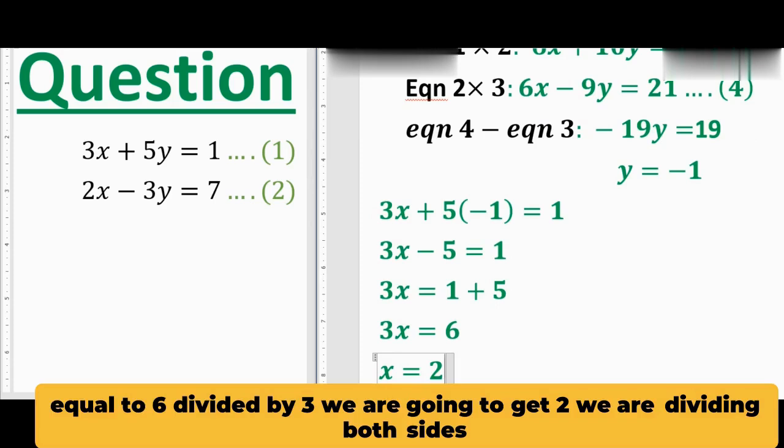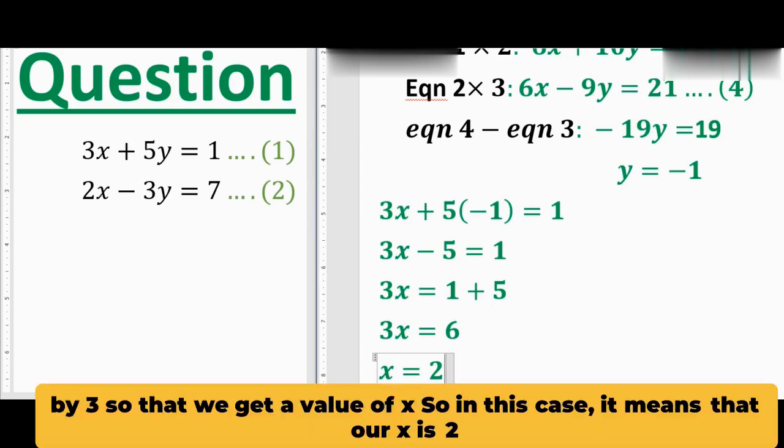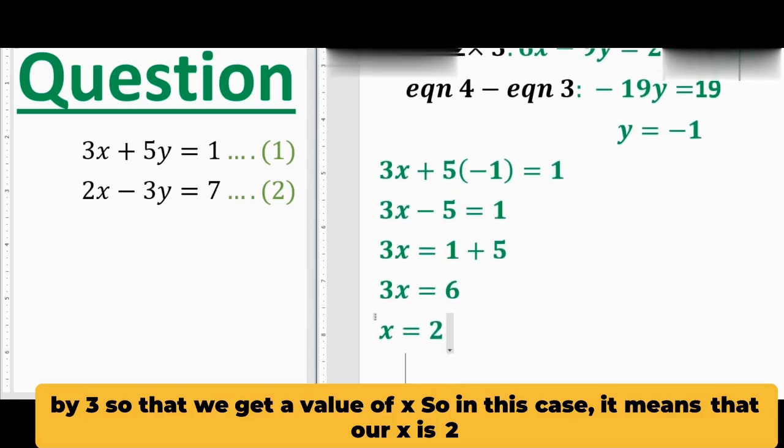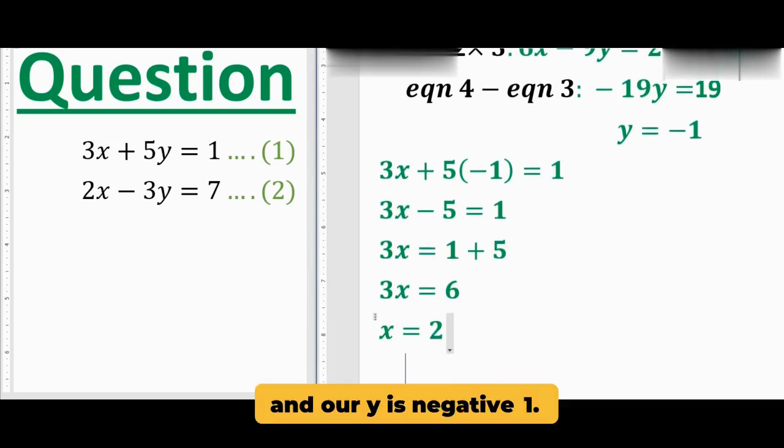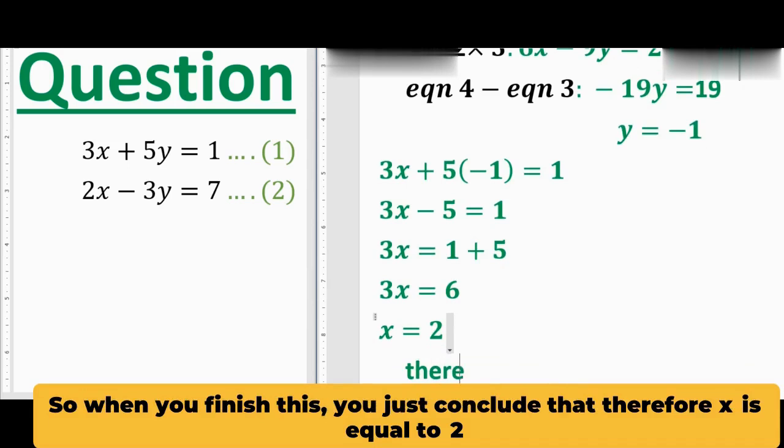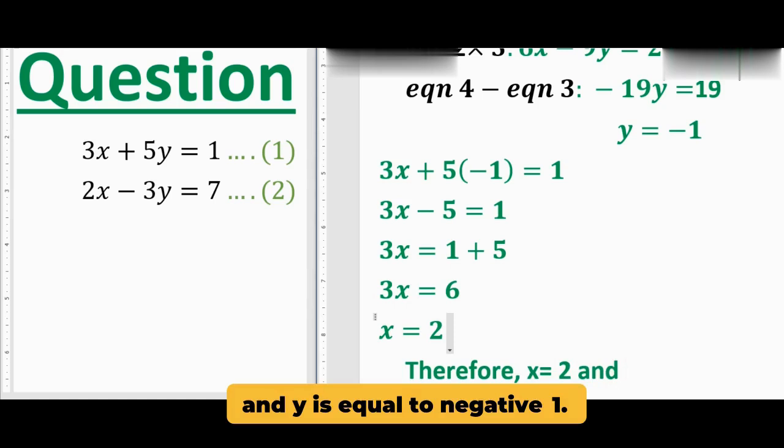We are dividing both sides by 3 so that we get a value of x. So in this case, our x is 2 and our y is negative 1. When you finish this, you just conclude that therefore x is equal to 2 and y is equal to negative 1.